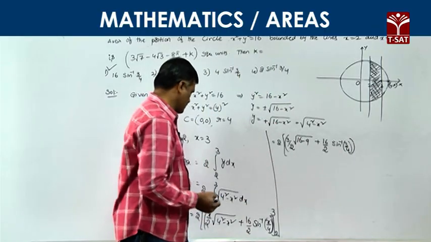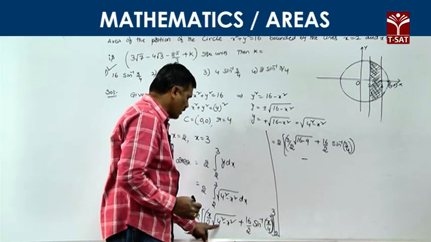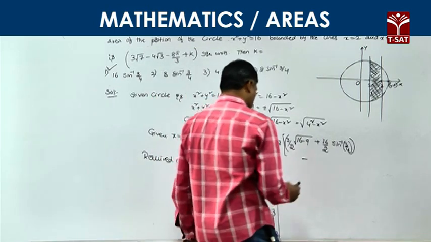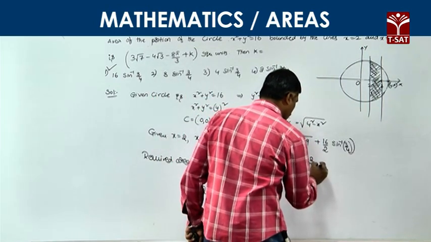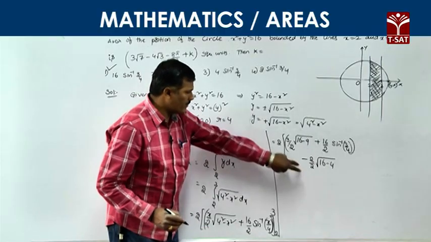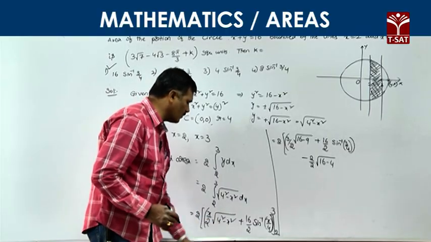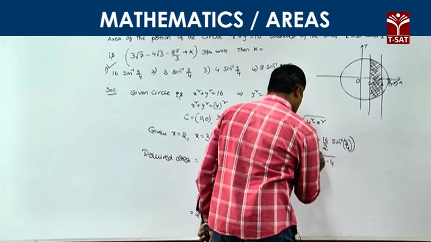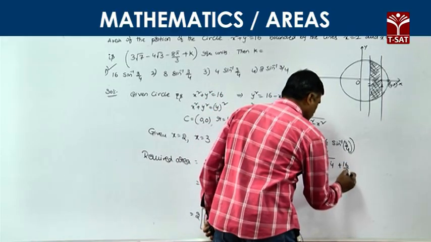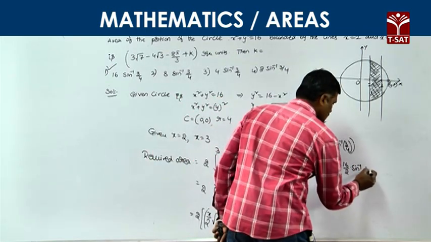Minus the lower limit 2: 2 by 2, which is 1, into root over 4 square, 16 minus 2 square, 4, root of 16 minus 4, plus 16 by 2 into sin inverse of 2 by 4, which is 1 by 2, sin inverse of 1 by 2.